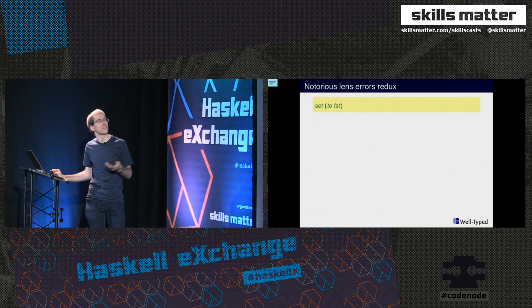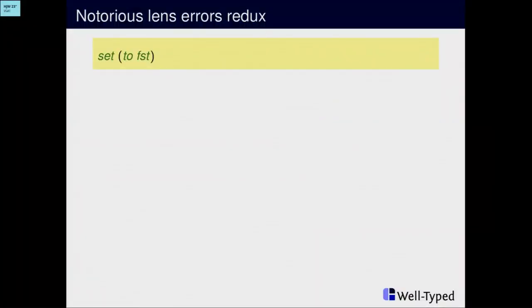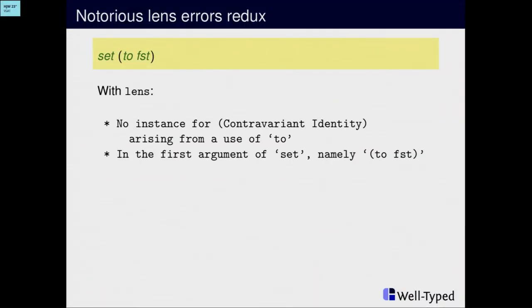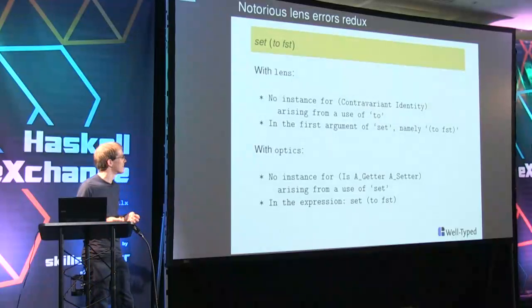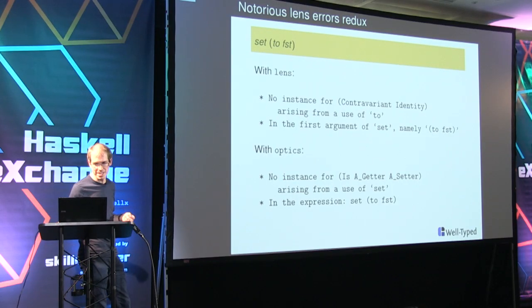What about applying a setter to a getter, sets applied to first? With lens, that told us no instance for contravariant identity. Here, we're getting no instance for Is getter setter, because the Is constraint is the thing that's powering the pseudo subtyping. And so again, hopefully that's something that's going to be more accessible for people just getting used to these concepts of lenses.